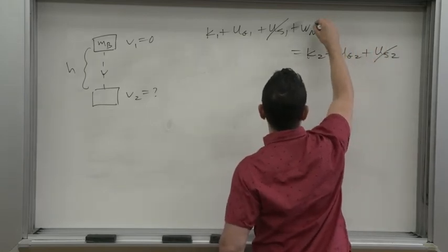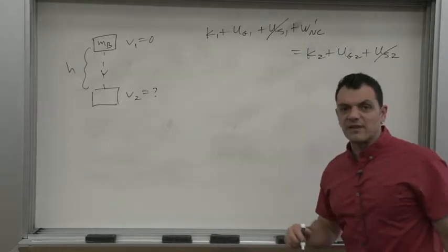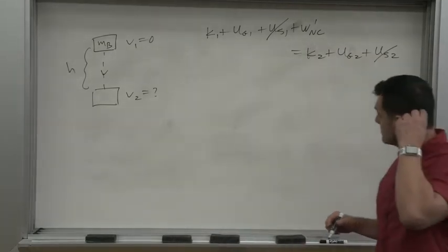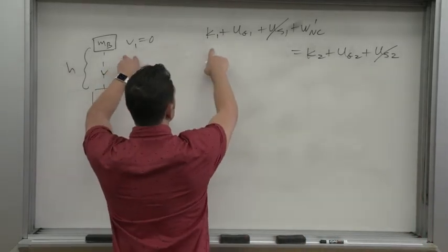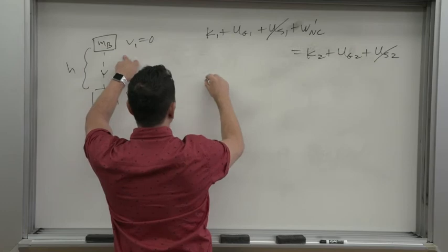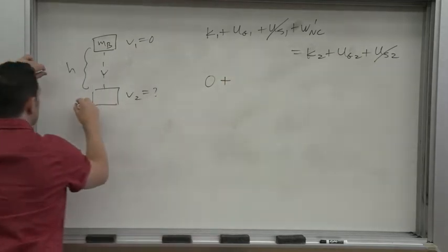And work non-conservative, I'm going to prime work non-conservative because it's not going to be equal to the value from before. K1 is 0. UG1, let's take Y to be 0 here.